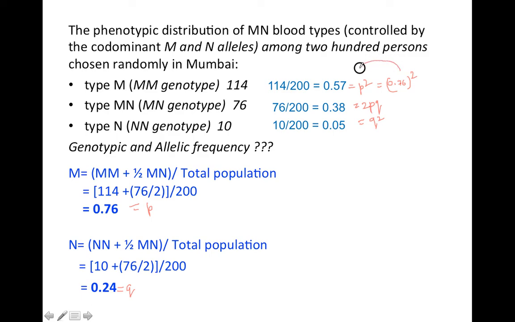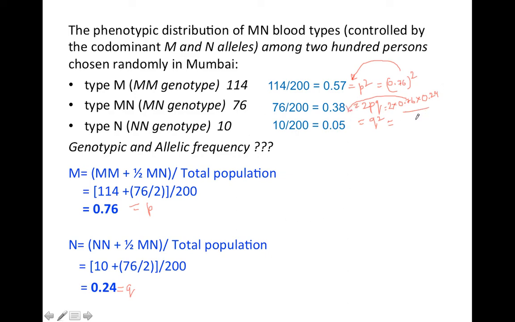Roughly this will come as 0.57. What is 2pq? It is 2 into 0.76 into 0.24. If you calculate this, this will also come the same as 0.38.